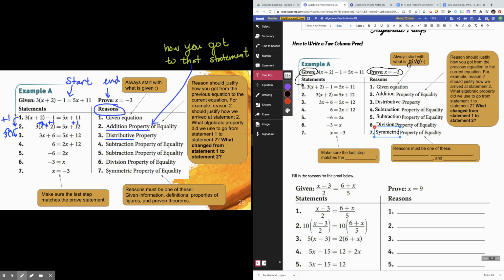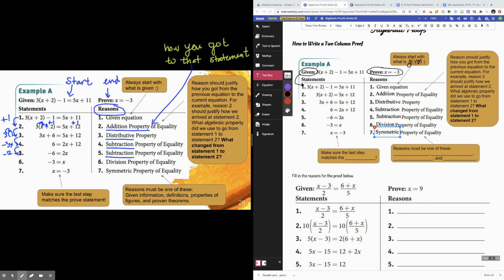So going from step 3 to step 4, we did minus 3x, so in order to arrive at step 4, I used the subtraction property. Similar thing from step 4 to step 5, I subtracted 12. That's what's different. So in order to get to step 5, I use the subtraction property.